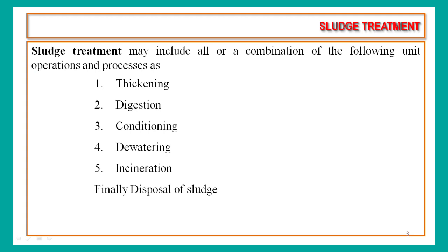The first process is thickening, the second is digestion, then conditioning, the fourth is dewatering, and the fifth is incineration. After all these processes are completed, the sludge can be disposed into the environment, and we'll discuss each process separately in detail.